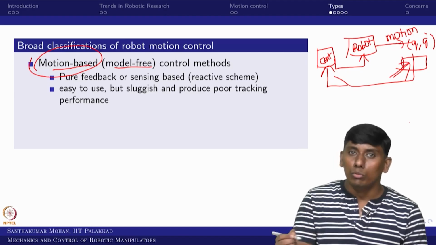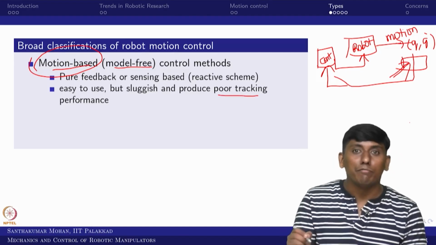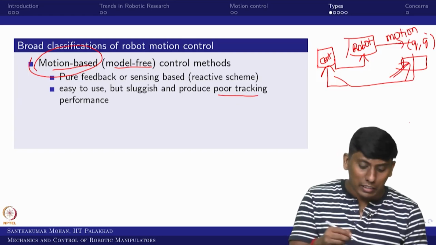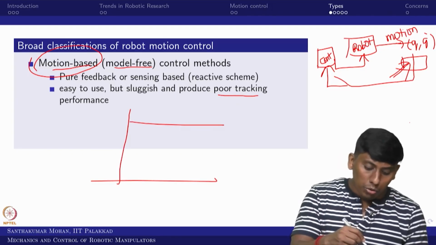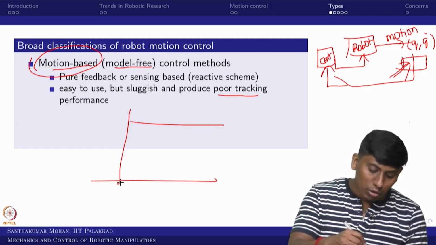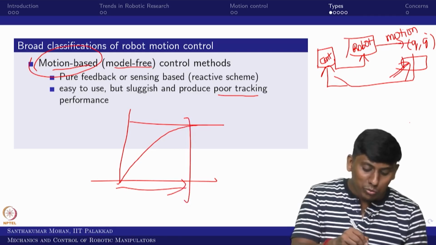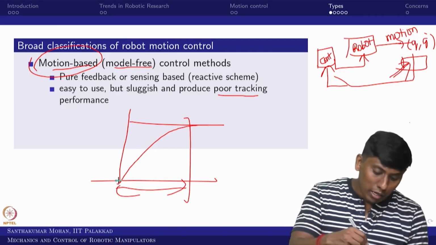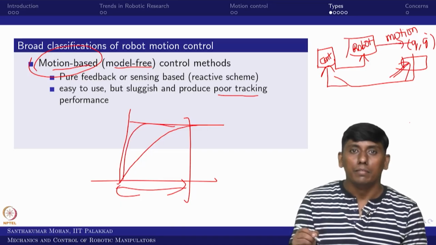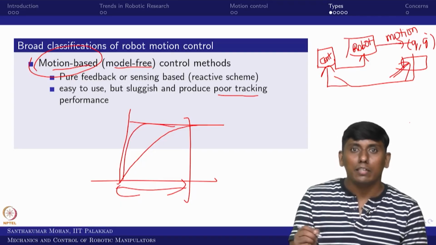Second, motion based control usually has poor tracking performance and is sluggish. For a step input, the controller will take time to reach it, so this much time is lag. However, the model based approach will probably go somewhere here. That is the basic idea between motion based and model based.